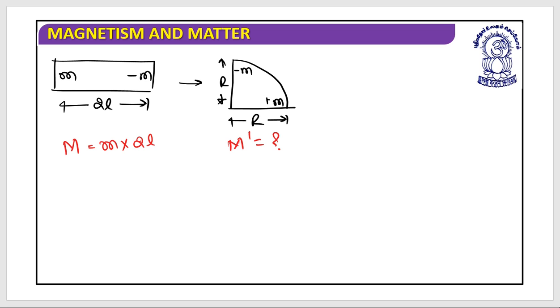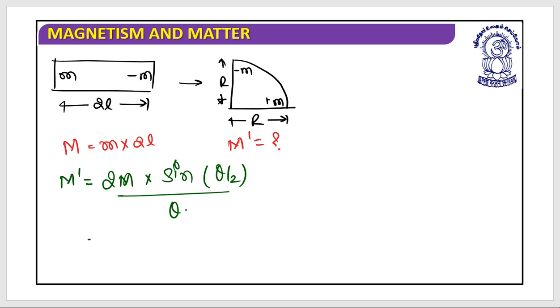So let's go with the formula approach. That could be written as m dash equals 2m into sine theta by 2 divided by theta. So this could be written as 2 into m into sine theta by 2.